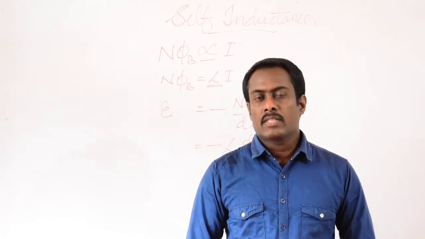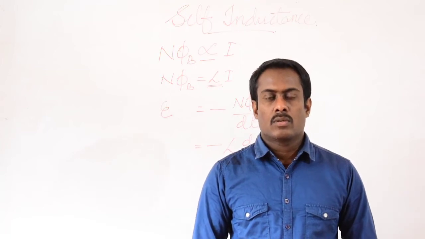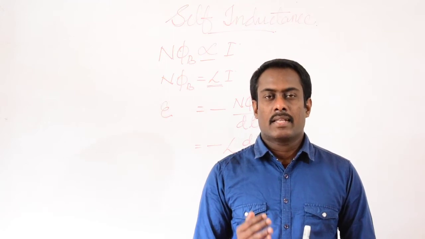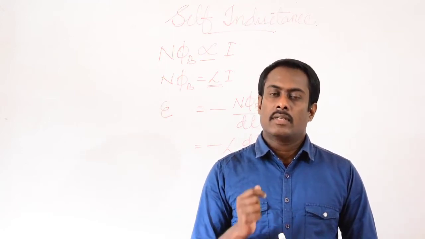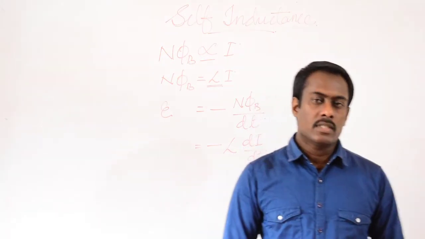Let us calculate the self-inductance of a long solenoid whose area of cross-section is A and length is L, and the number of turns is N per unit length.